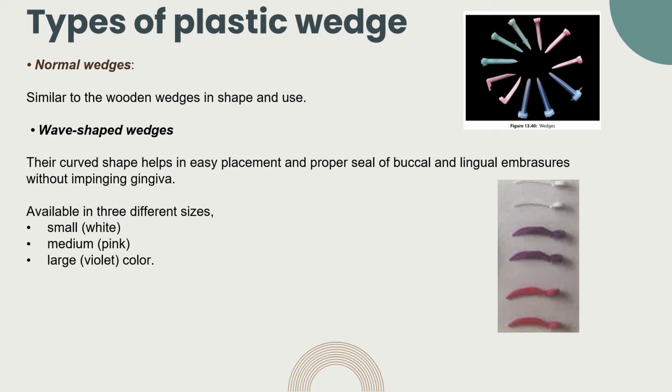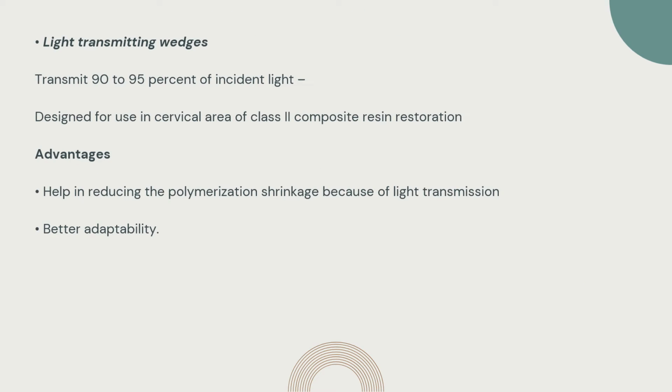And coming to the wave-shaped wedges, they have a curved shape which helps in easy placement and proper seal of the buccal as well as the lingual embrasure without impinging the gingiva. They are available in three different sizes and in three different colors: white, which is small, pink, which is medium, and violet, which is large.